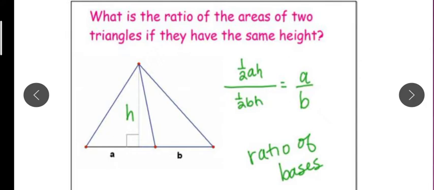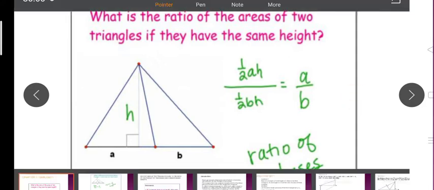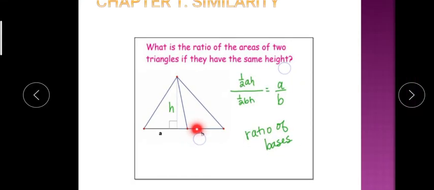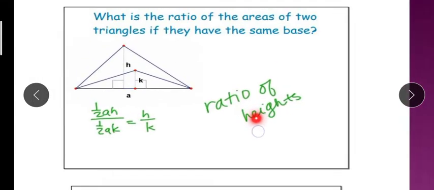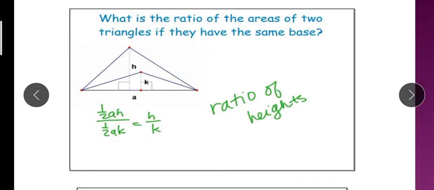If the height is not the same, what will the answer be? The answer is base into height of one triangle divided by base into height of another triangle. Here why is height cancelled? Because it is the same. Many examples I will explain to you, so don't worry. Now see, what is the ratio of the areas of two triangles if they have the same base?